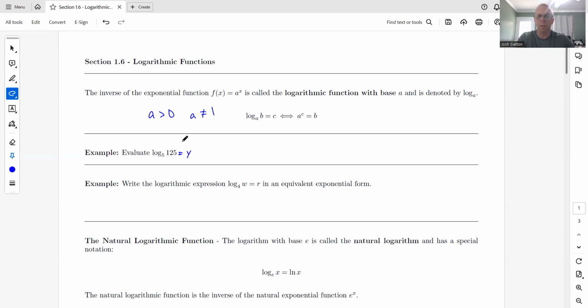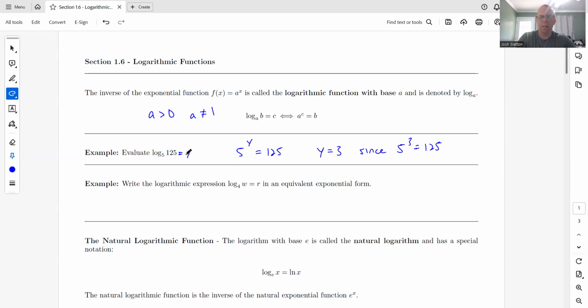Let's convert this to an exponential equation, and we might be able to figure out what y is. The way to ask this question is, what exponent do you need to raise 5 to that would make it be 125? And the answer is 3. So 5 cubed is 125. And that's the way to do it.